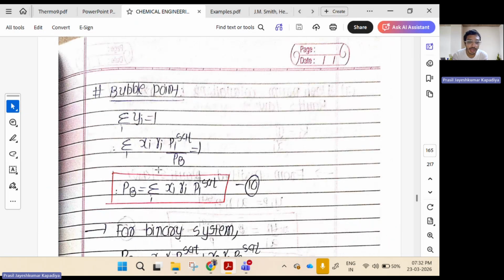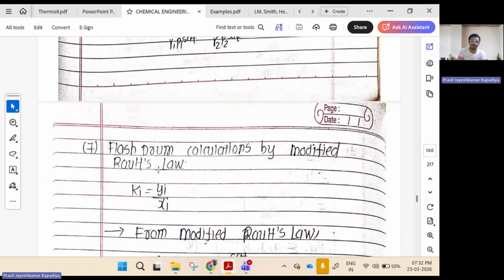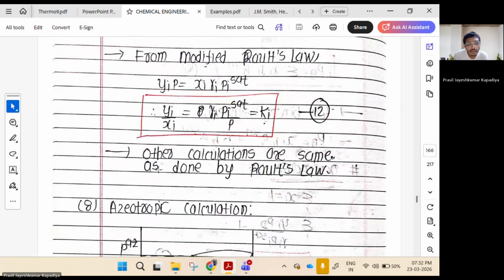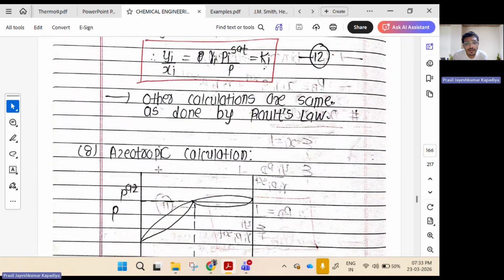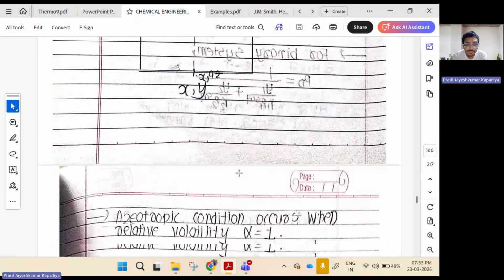Further, we found bubble point and dew points from this modified Raoult's law. Then we did the very basics of flash calculation using modified Raoult's law.